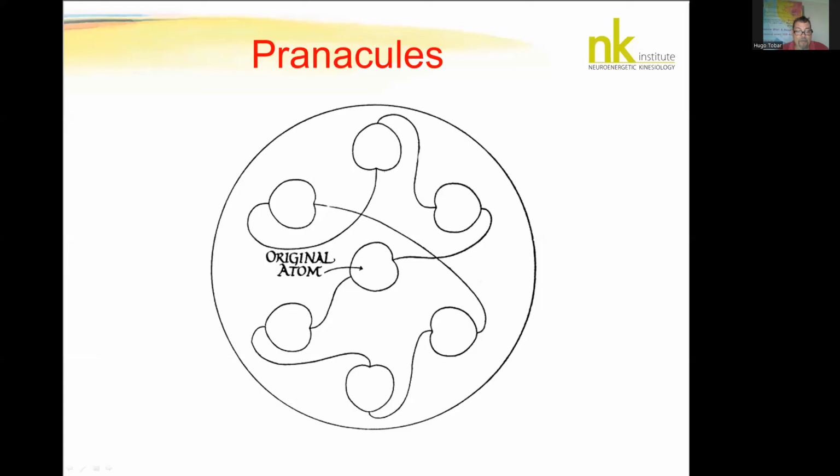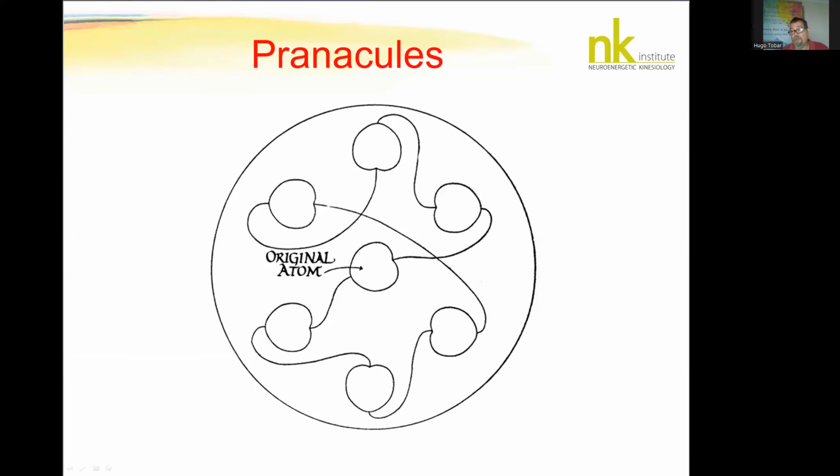What happens is, in the pranic matter on different planes, whether it be etheric, astral, mental, buddhic, atmic, monadic, etc., you have pranic molecules that are made up of the matter of that plane.